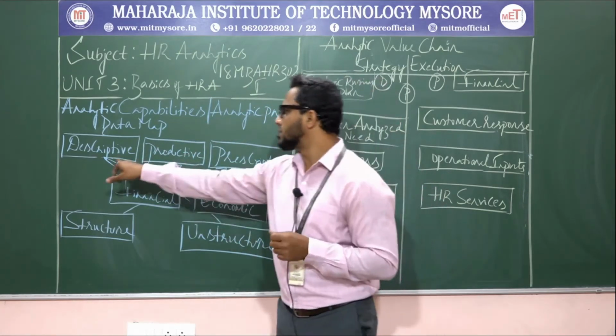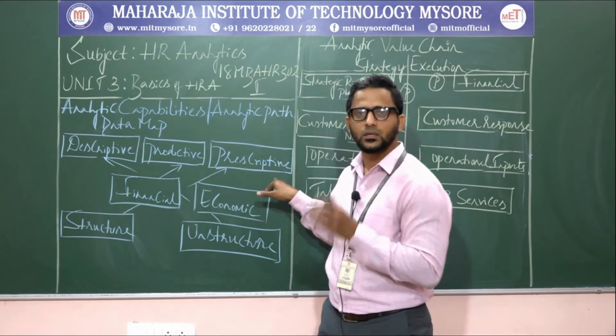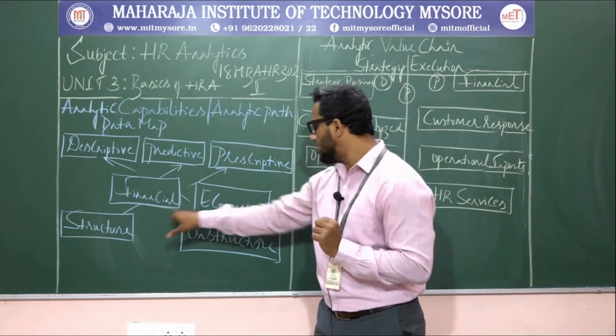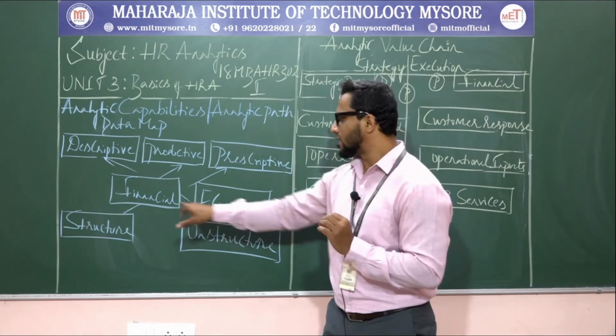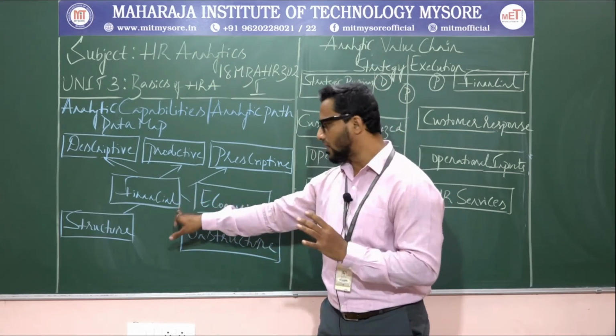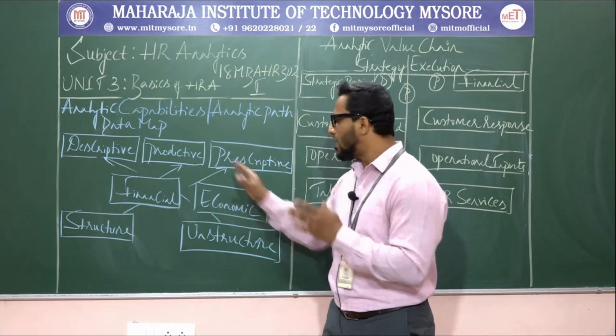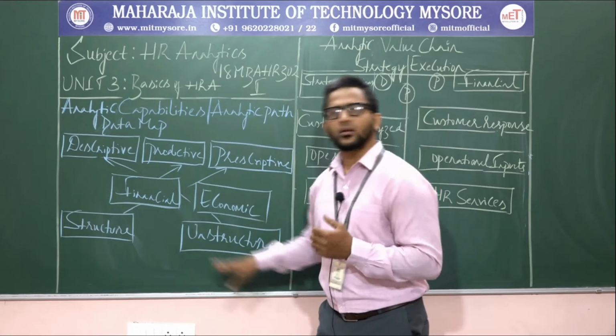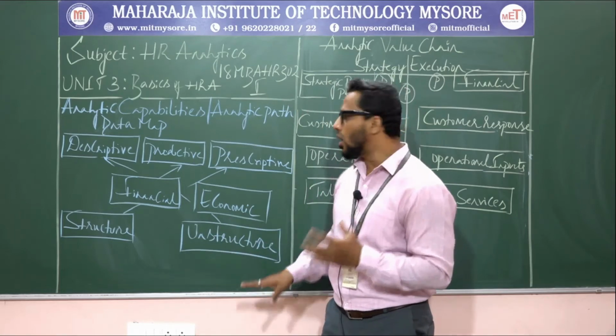See, descriptive, predictive, prescriptive are the types or the levels of analytics that you are going to see here. And financial, economic are the data or the values: economic value, economic data, financial value, financial data. And you have got structured and unstructured.